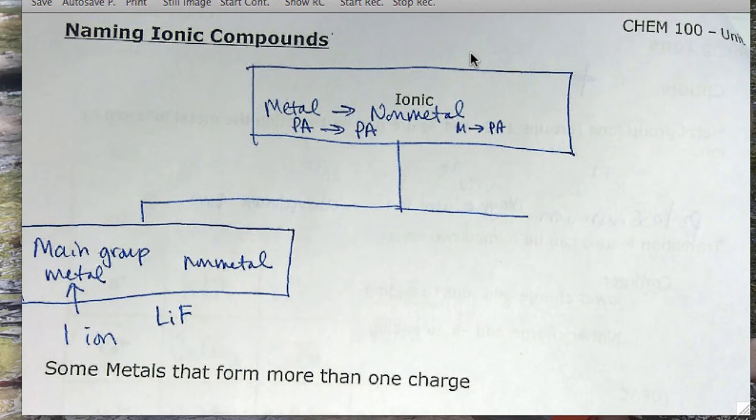The other scenario that you can have is a transition metal and a nonmetal. Now the transition metal can have more than one ion.